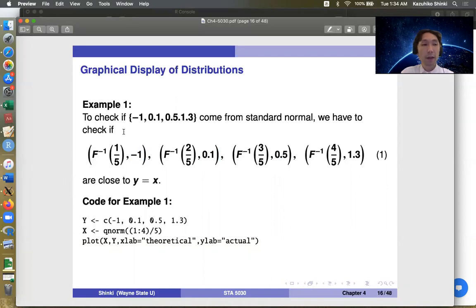The quantile function, F inverse, can be used to generate random numbers.